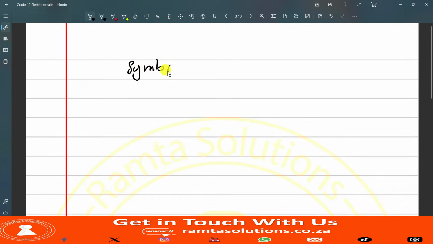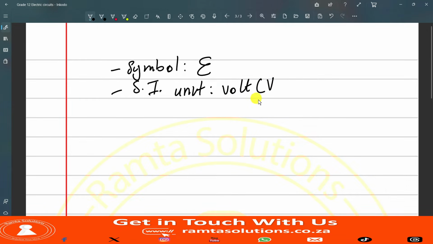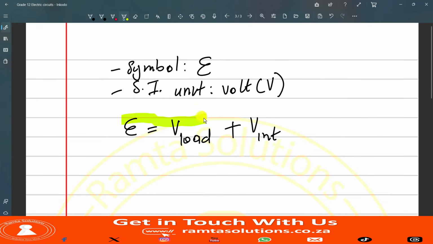The symbol is epsilon, and the SI unit is the volt, capital V. So the formula: the EMF of a cell is equal to V load plus V internal.